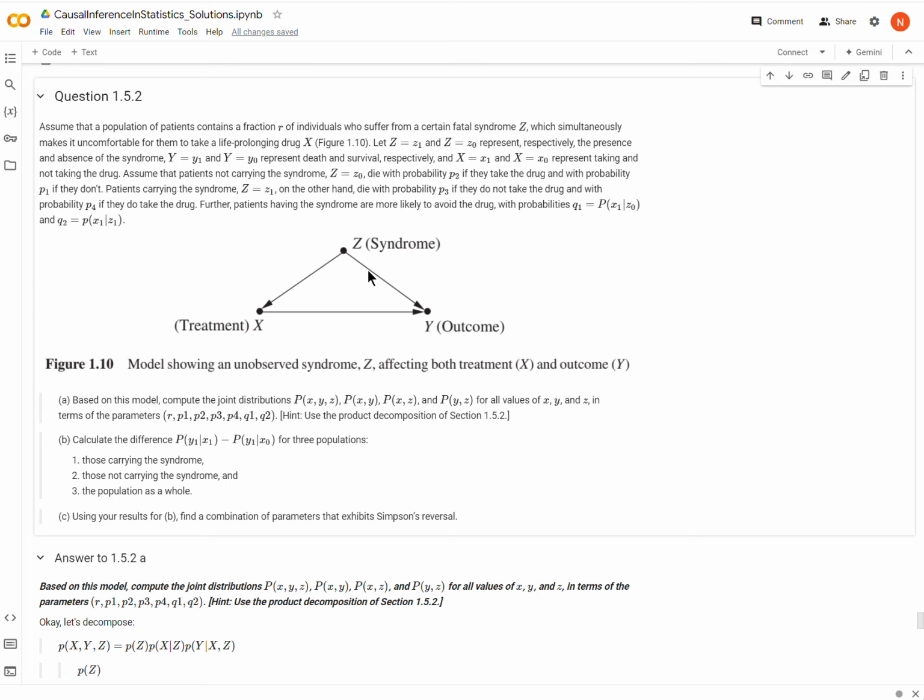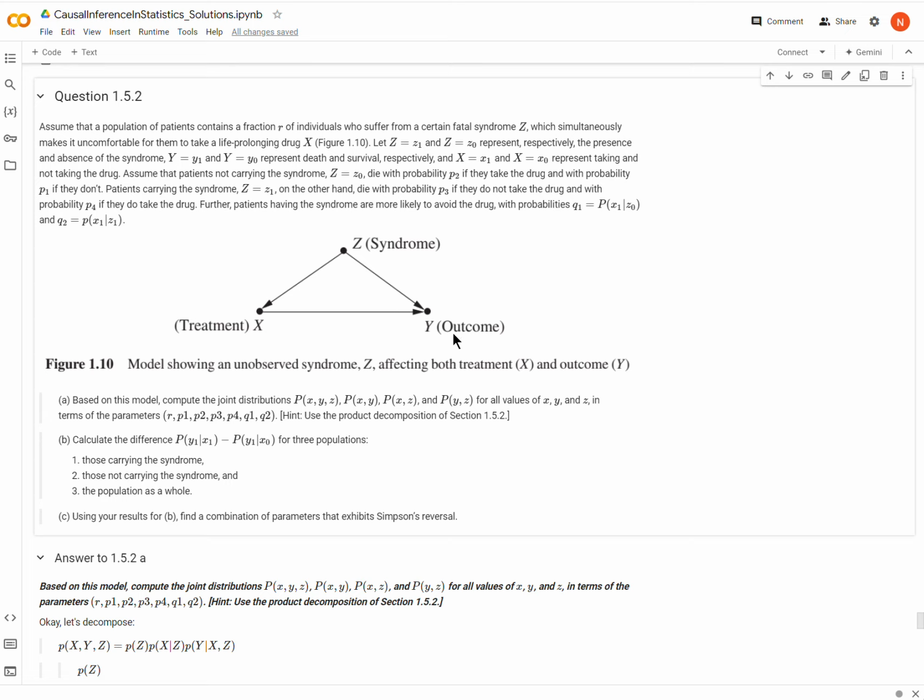Okay? And so there's a couple of ideas here. One is that the probability of somebody having the particular syndrome is given by the letter R. So the probability of them having the syndrome is R, and of them not having it is 1 minus R. And that syndrome is of course going to affect their outcome, whether they die or not.